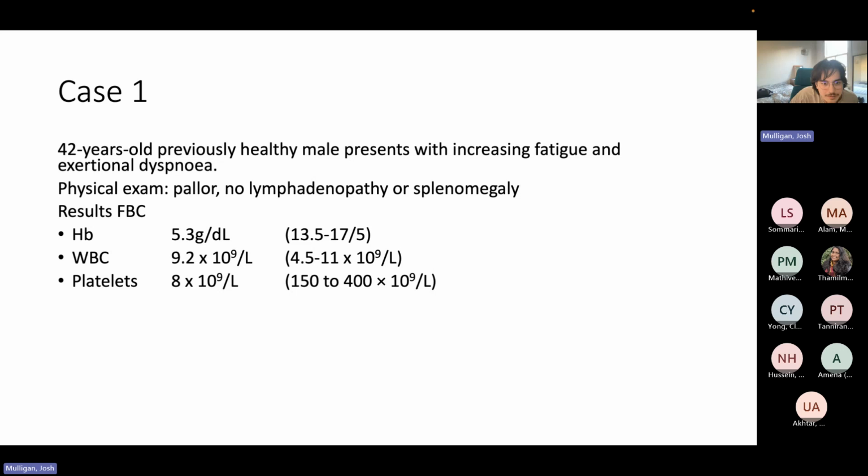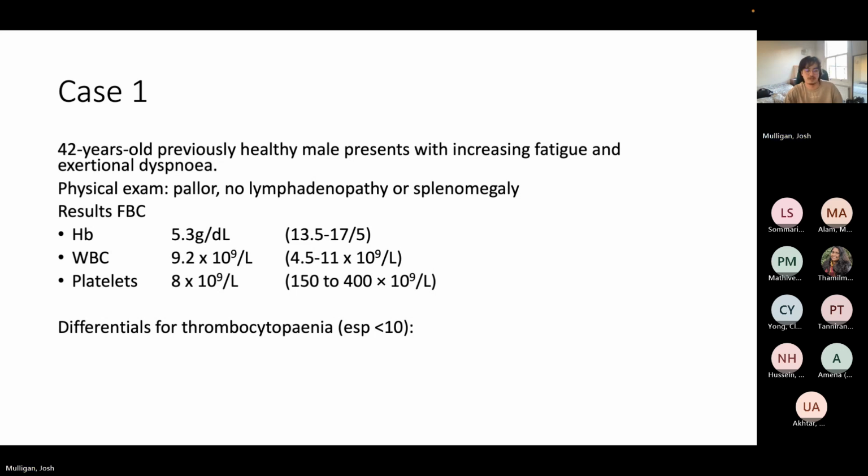So we've got some differentials already. As I said, microcytic anemia. This guy's tired and pale. But is there anything else that might include thrombocytopenia as well?